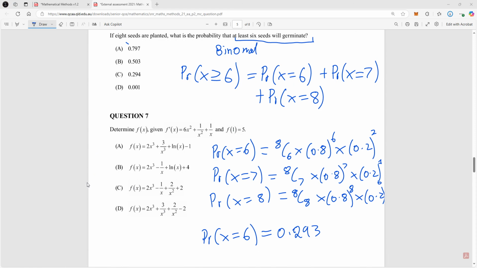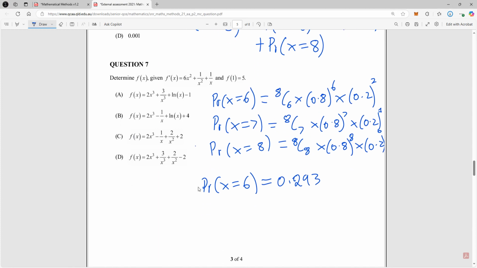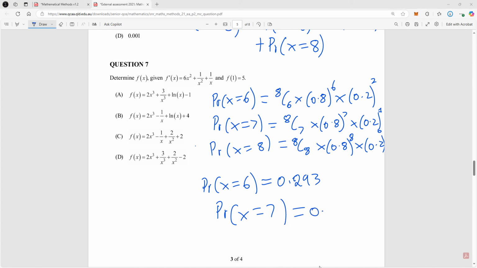And then we'll do the next one. The probability that x is equal to 7 is 0.33. And the last one is incredibly small.